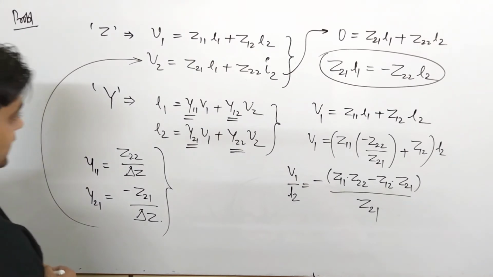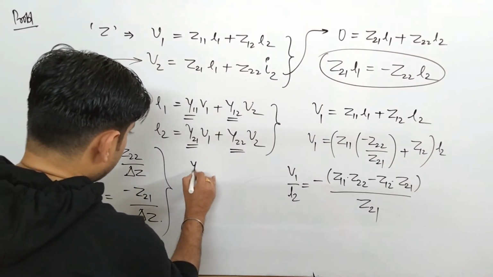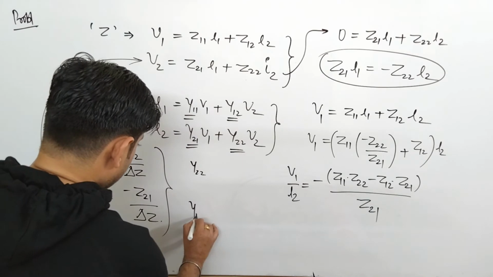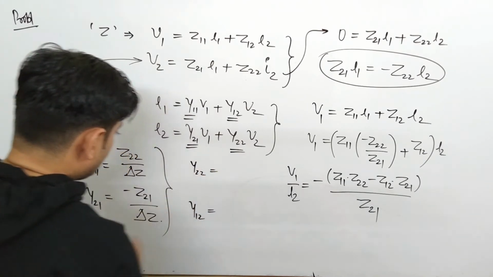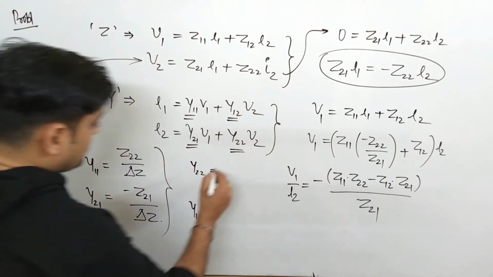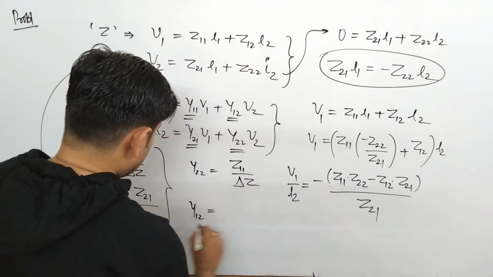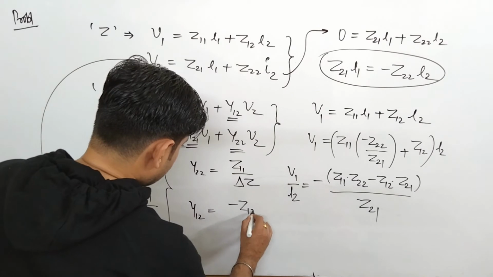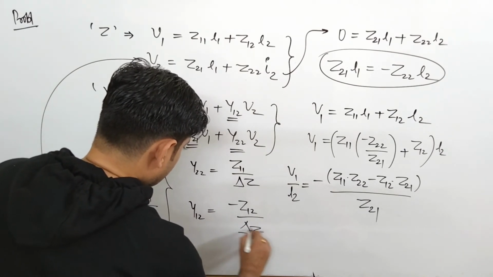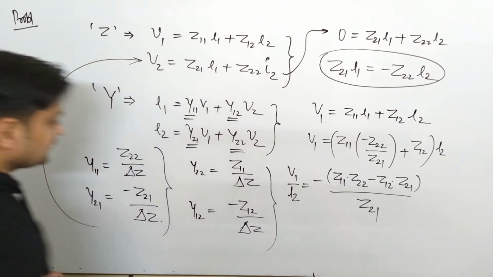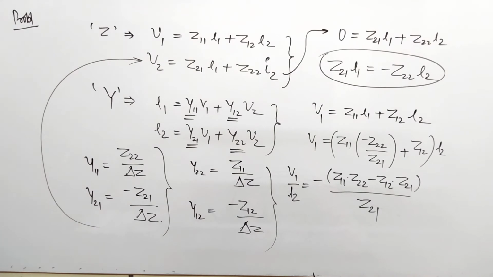From here, can I write the values of Y22 and Y12 directly? Yes. The value of Y22 comes to be Z11 by del Z, and the value of Y12 comes to be minus Z12 upon del Z. No need to find them, you can directly write them here, since it is a symmetrical network.